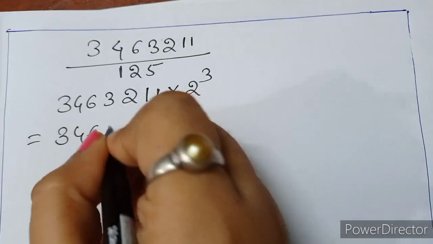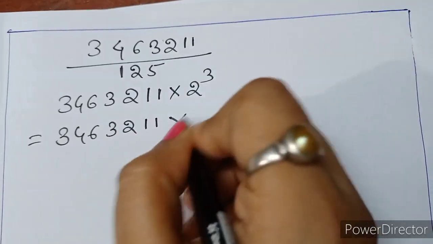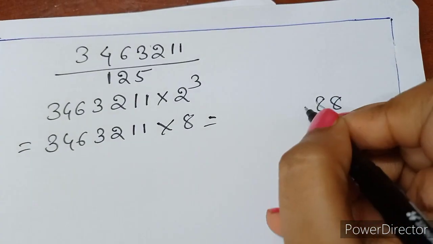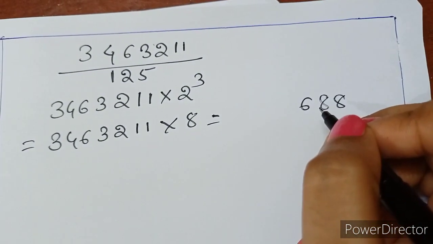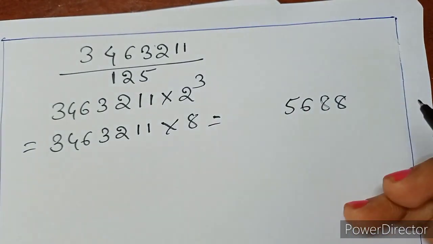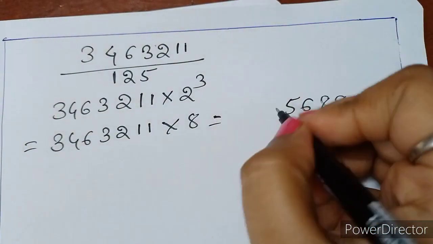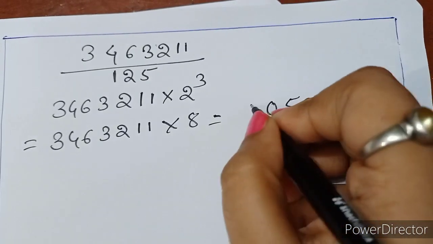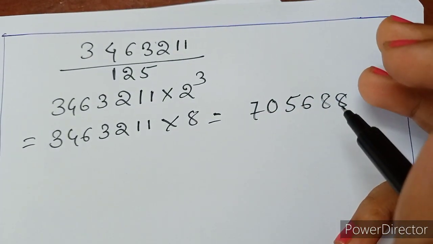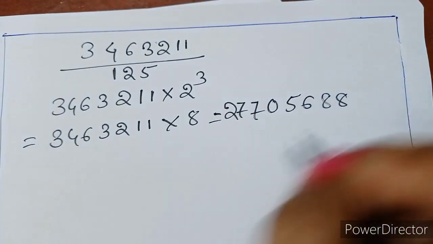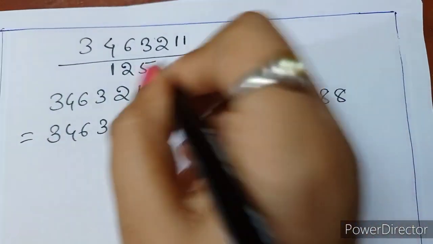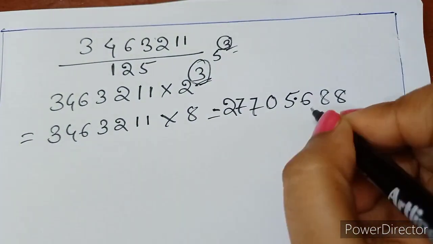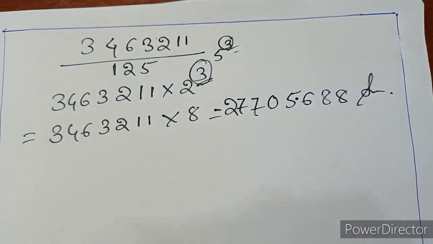So 3 4 6 3 2 1 1 into 8 equals 8 1 8 8 8 2 16 6, 1 8 3 24, 1 25 5, 2 8 6 48, 2 50 0, 5 8 4 32, 5 37, 7, 3 8 3 24, 3 27. Here 3, and 125 means 5 cube, so 3. So we add the point before 3 numbers. So this is the answer.